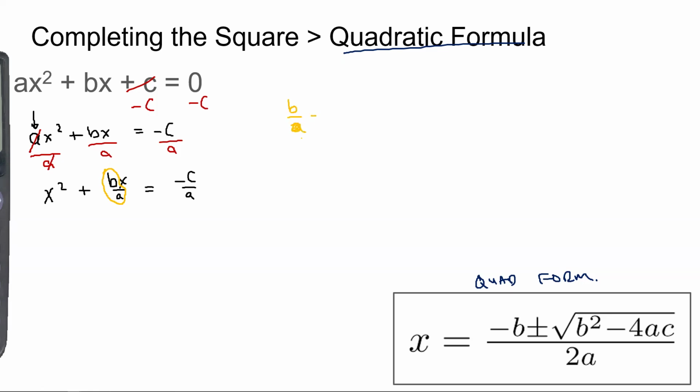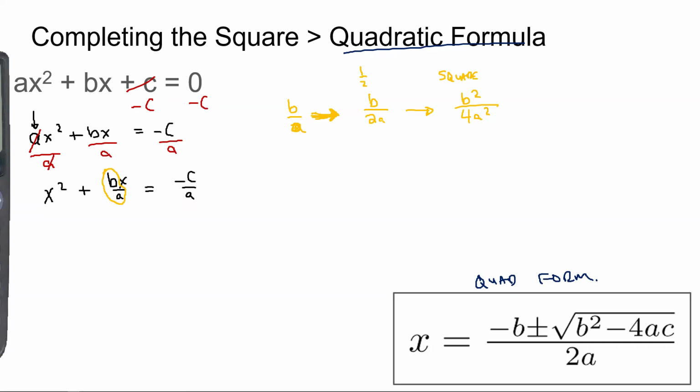So that's going to turn into half of b over a, or b over 2a. And then don't forget to square it. So I'd have b squared over 4a squared. Everything there has to get squared.